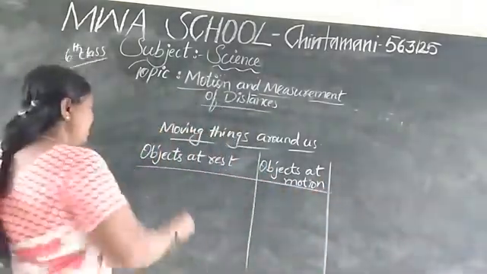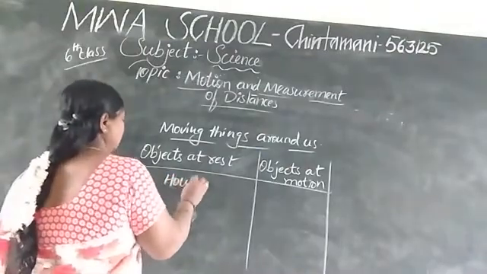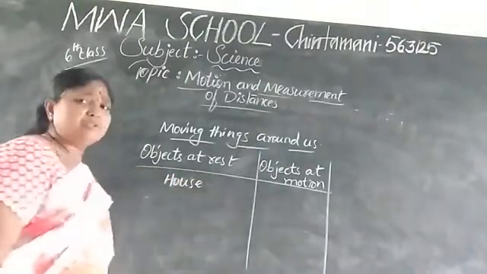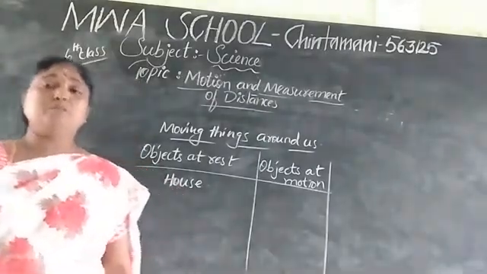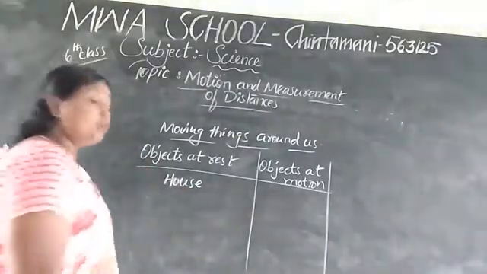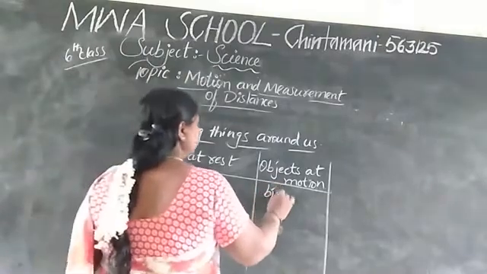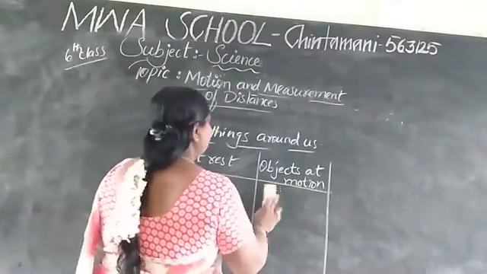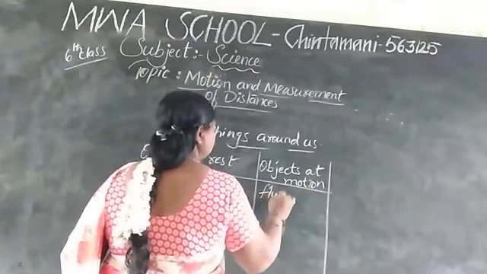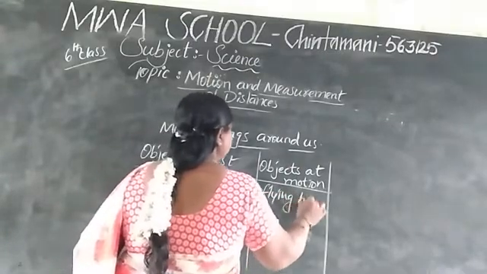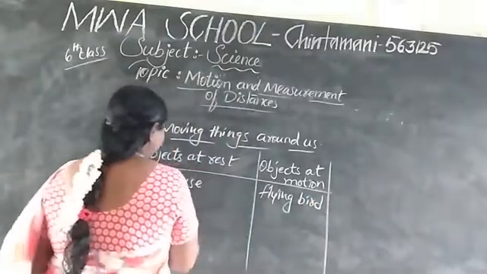For example, I can take a house. It will be in the rest position. How can it move from one place to another? No, it can't move. Then which one can move? Birds can move. That also we have to say as a flying bird.